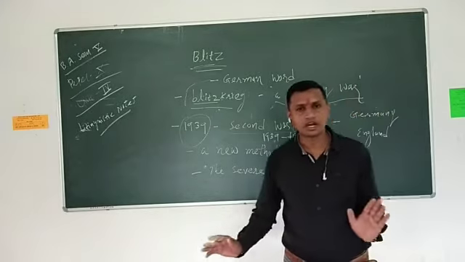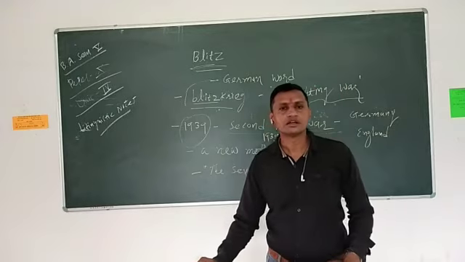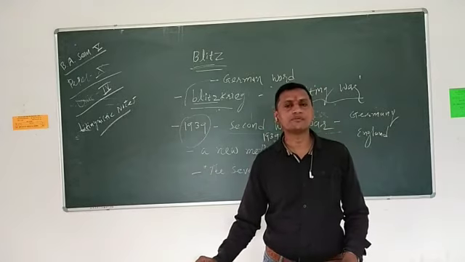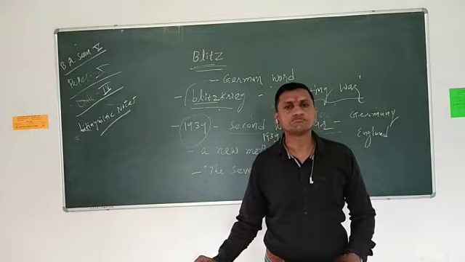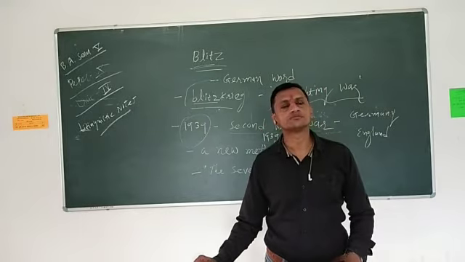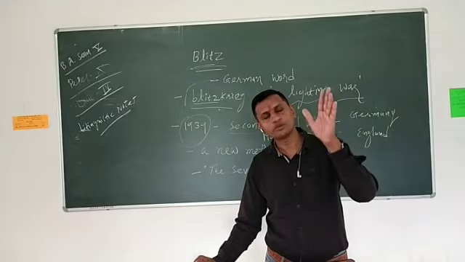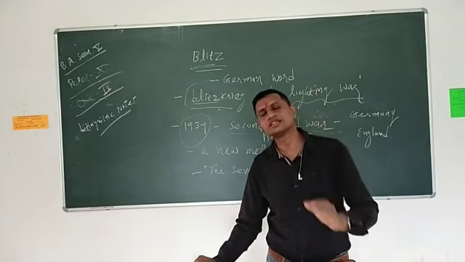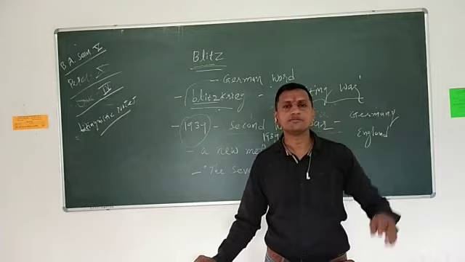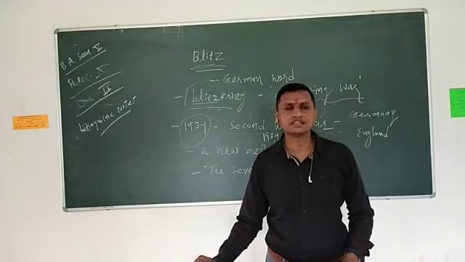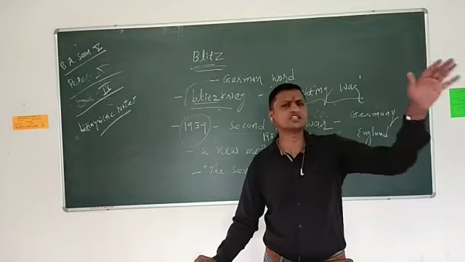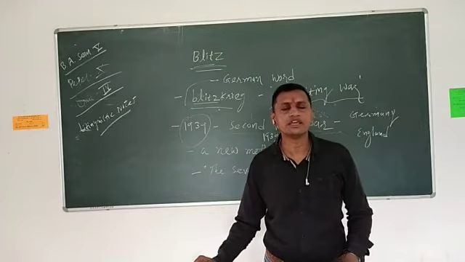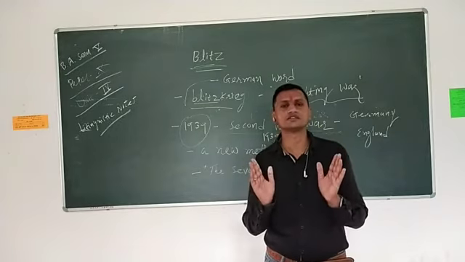At that time, speedily, the planes entered the area of the opposite country, or we can say the enemy's area, and made them drop hand-grenade bombs, and speedily they returned to their area. It is called the Blitz.